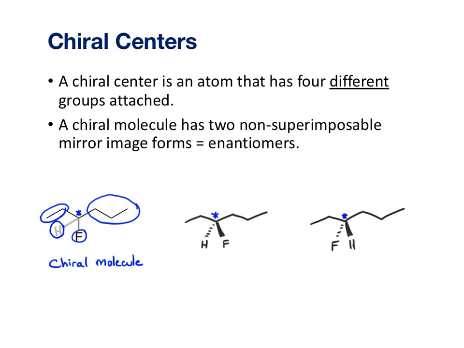But these 2 things aren't superimposable, because if you tried to set this one on the right down on this one on the left, the chain would line up, but the fluorine and the hydrogen would not. So the relationship between these 2 molecules is called enantiomers. So enantiomers are mirror image structures that are non-superimposable.